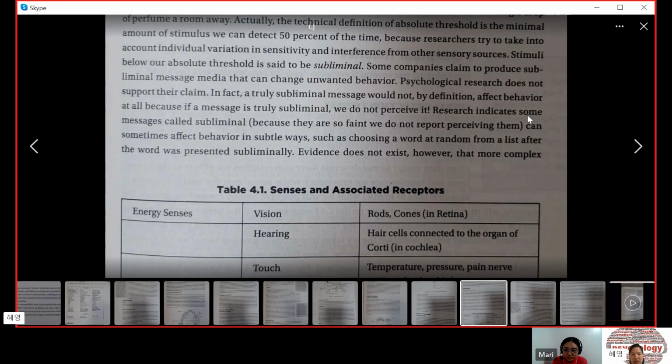Research indicates some messages called subliminal can sometimes affect behavior in subtle ways, such as choosing a word at random from a list after the word was presented subliminally. Evidence does not exist, however, that more complex.